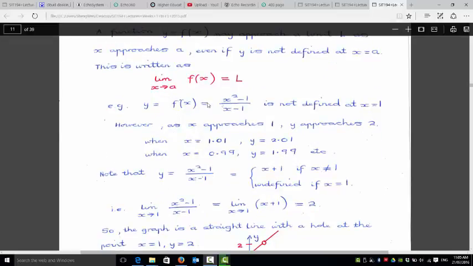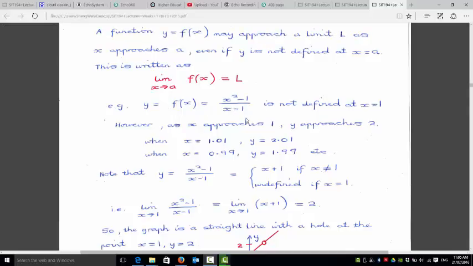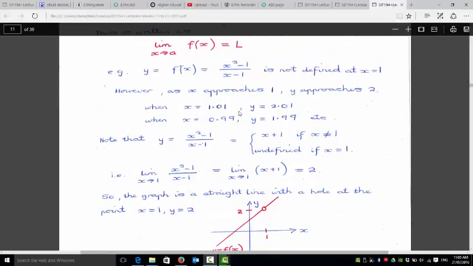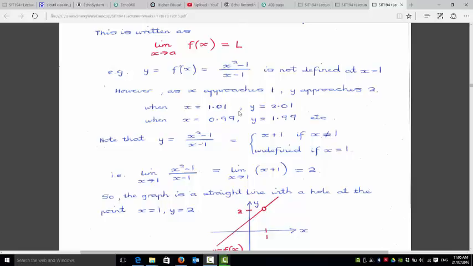We have f(x) is equal to x squared minus 1 over x minus 1. This is not defined at x is equal to 1 because at this point the denominator will become 0, which is not allowed. But given the x-axis, x can approach 1 and be very close, from the left hand side and the right hand side.